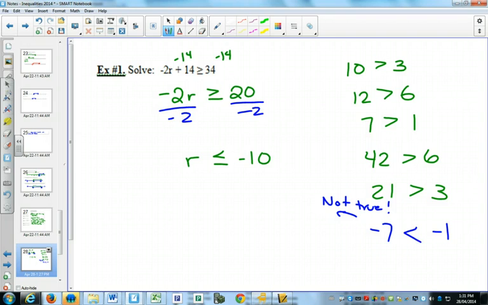So the special rule, and we see why it happens with our examples on the side, is whenever you multiply or divide by a negative number with an inequality, you're going to have to flip the sign. And in this case, we had to do that, so we flipped the sign, and r is less than or equal to negative 10.